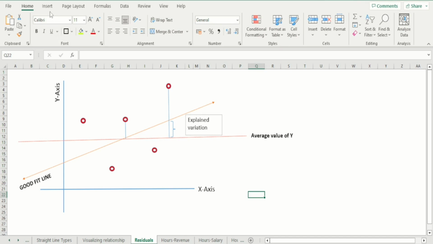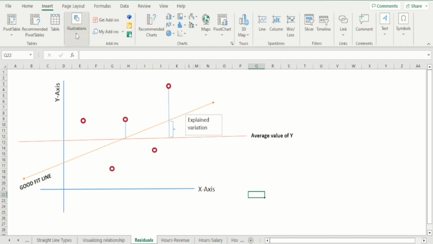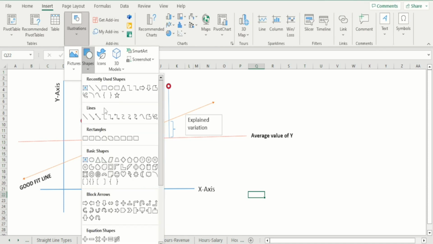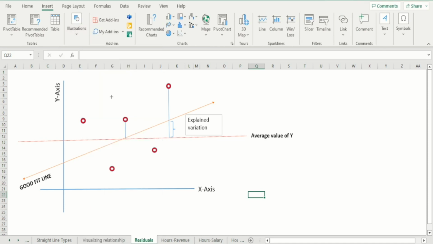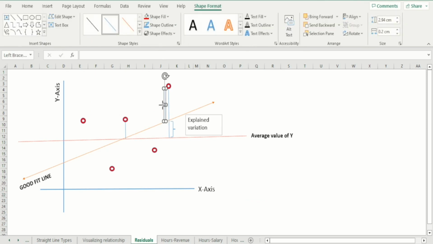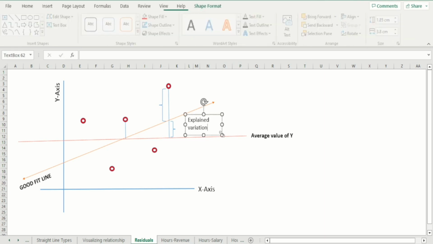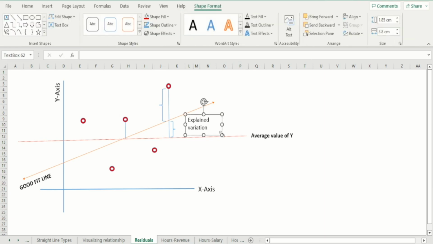But then there is another part to this error. The other part to this error is that part which lies in between the predicted value and the real value. And this is generally known as the unexplained variation.